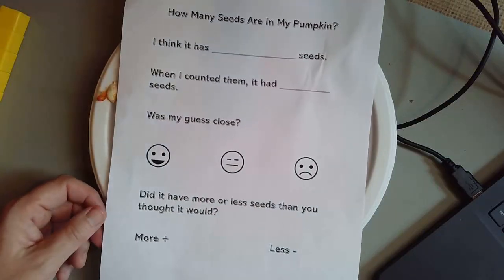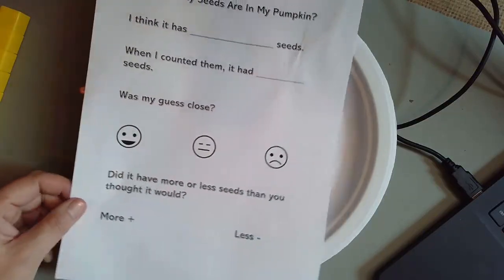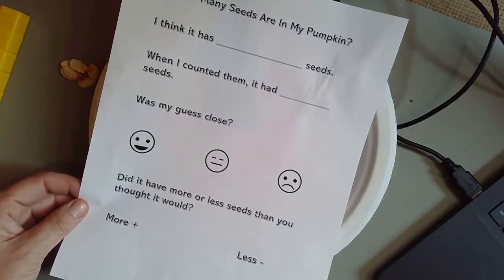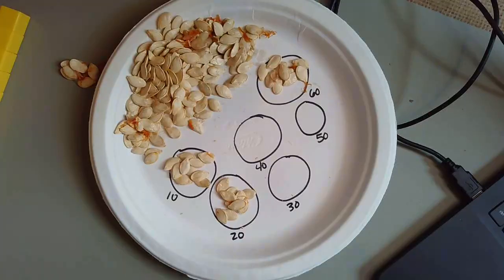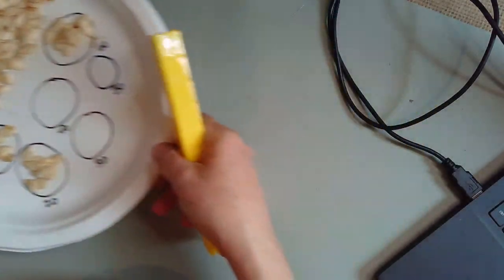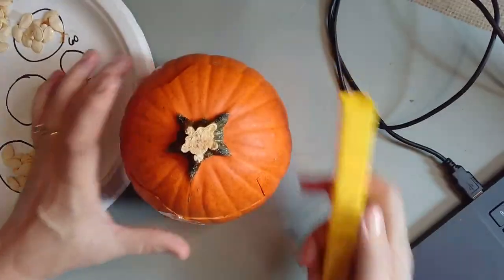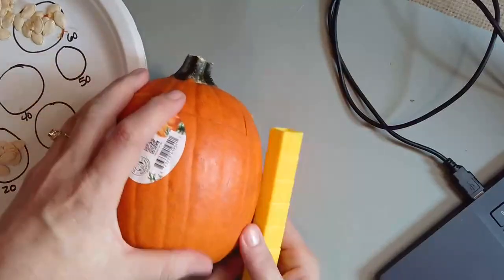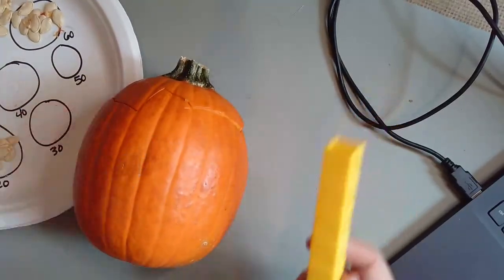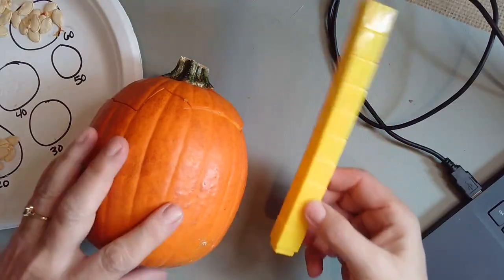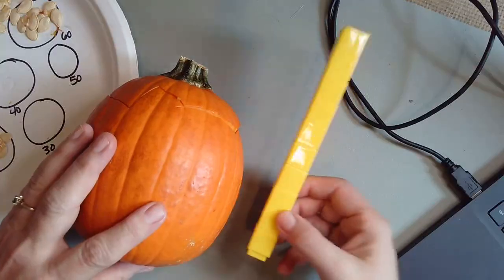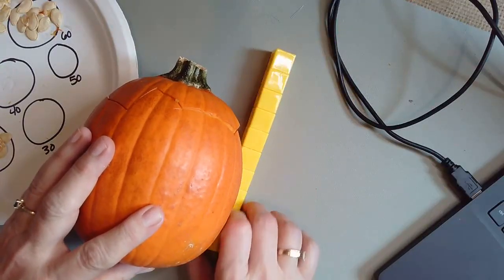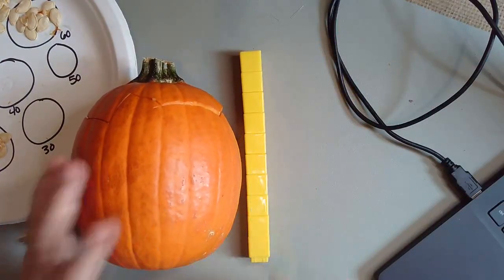You can adapt this, you can change it, you can even add measuring to it. For example, what do I mean by measuring? Well, you can take your pumpkin and have the kids measure it using a ruler or using these little cubes, and see how long they think it is, and they can do another predicting.